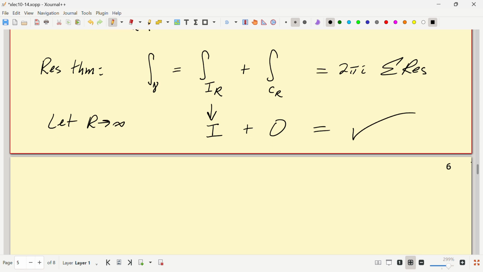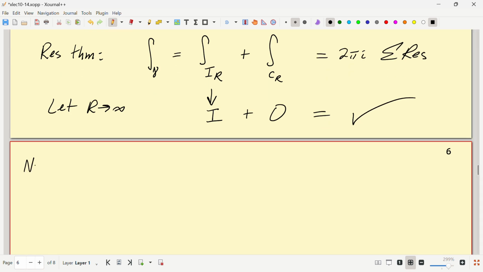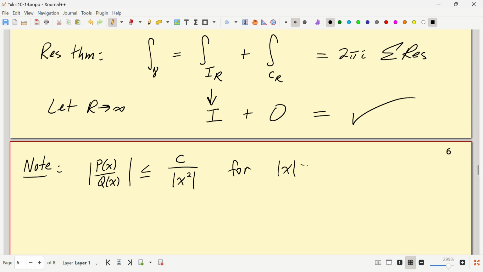So I guess maybe I should write that out. Note: the basic polynomial estimate shows that p of x over q of x is less than or equal to a constant over x squared for x bigger than something.